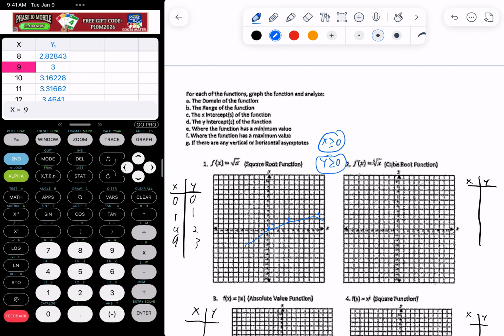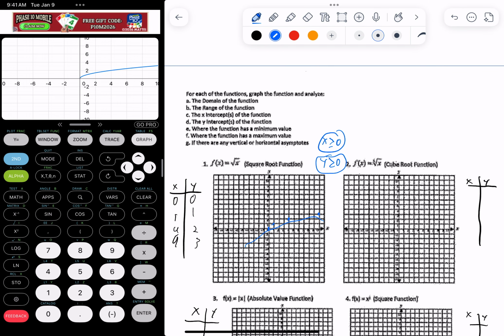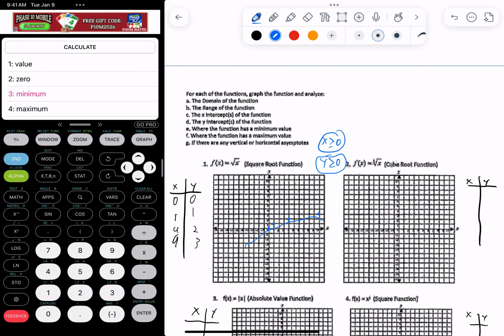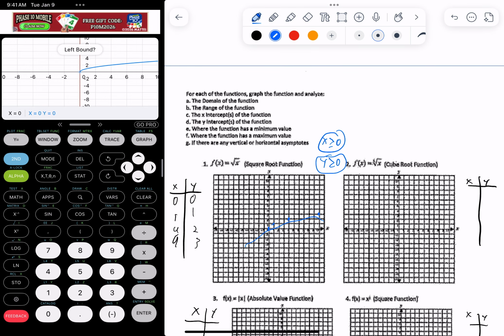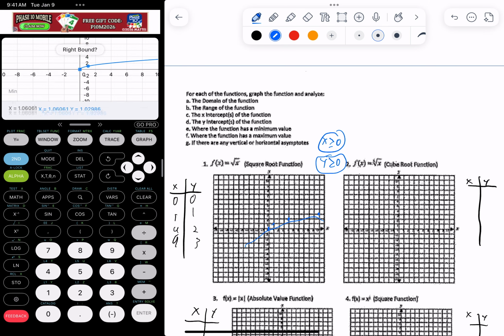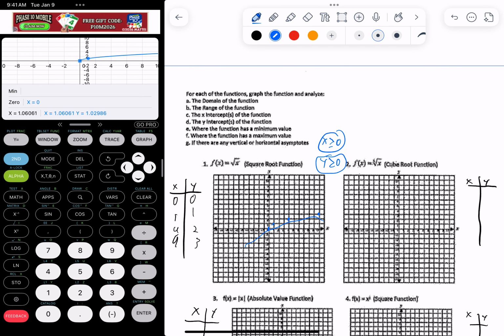And now the minimum value. In order to find that, you can go into second calc, minimum, left bound. But I don't think there can be a minimum number. Okay, so the smallest value is 0.